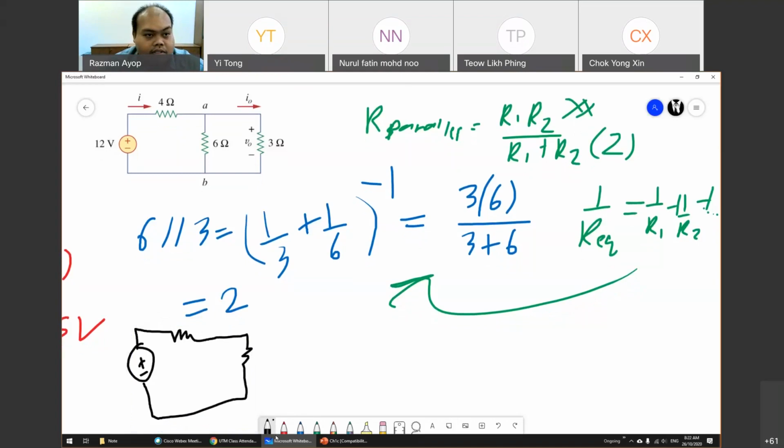Okay, I have changed this into a single resistance. This one becomes 2 ohm, this one 4 ohm, this one is 12 ohm, and 12 volt. So you have to find the I first.